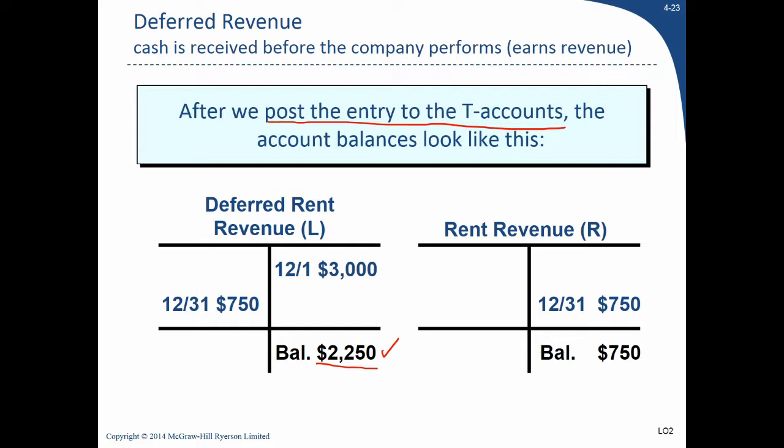So the key here is this is an adjusting entry. We're only making the entry because we're at month end, and we sort of have to settle up our books, make sure everything is good. Okay? But you actively have to go through the statement of financial position and say, what is this balance? What does it represent? And then you'll understand if you need to make an adjusting journal entry.